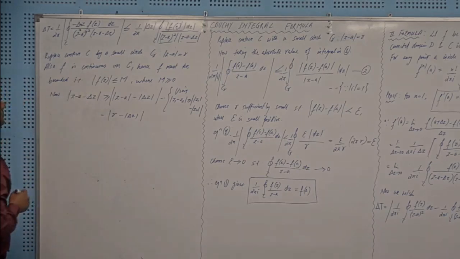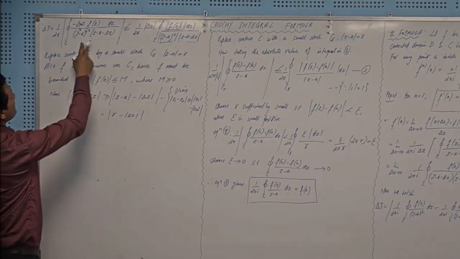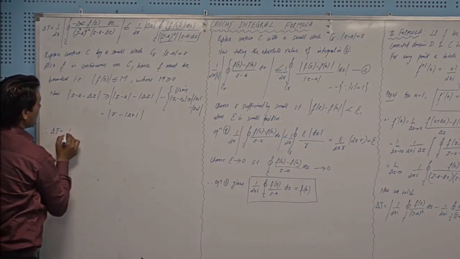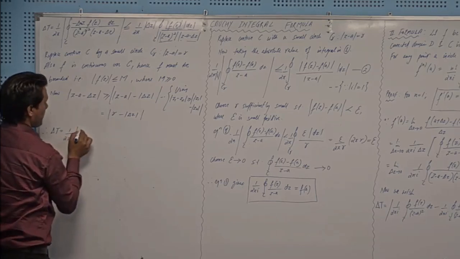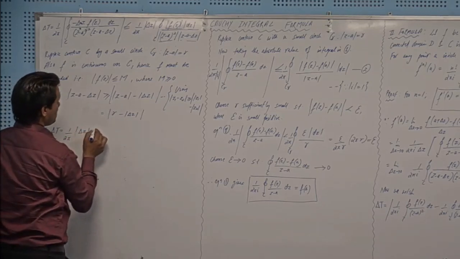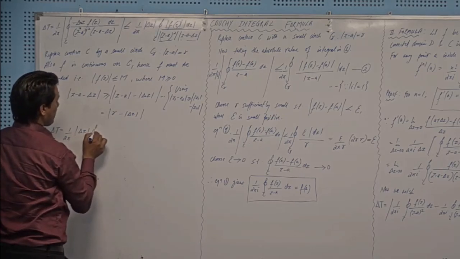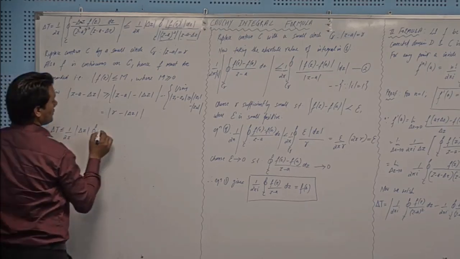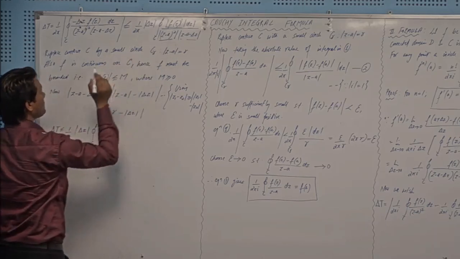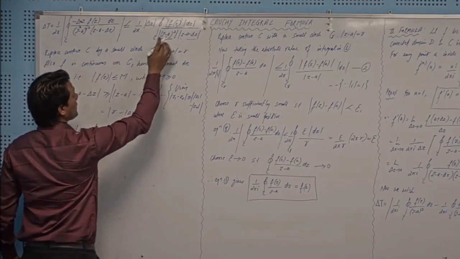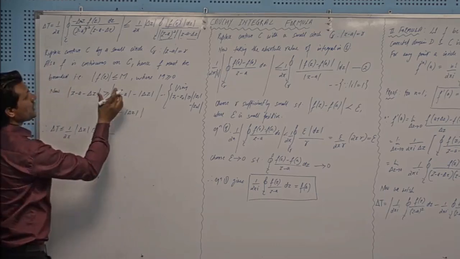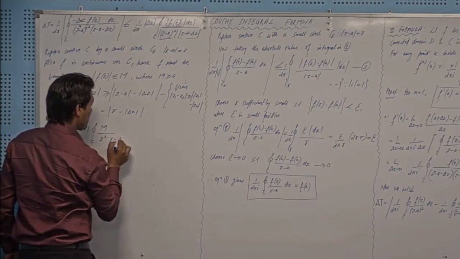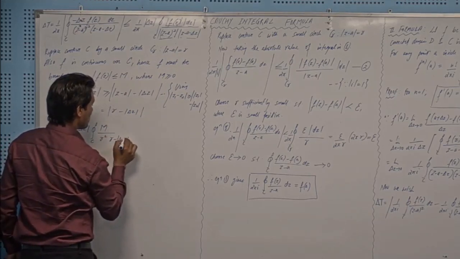Now I will replace these values. This is my delta t, therefore delta t will be less than or equal to 1 over 2 pi, delta z, integral over C. The mod of f(z) will be replaced by capital M, and the mod of z minus a whole squared will be replaced by r squared, and this will be replaced by r minus delta z.